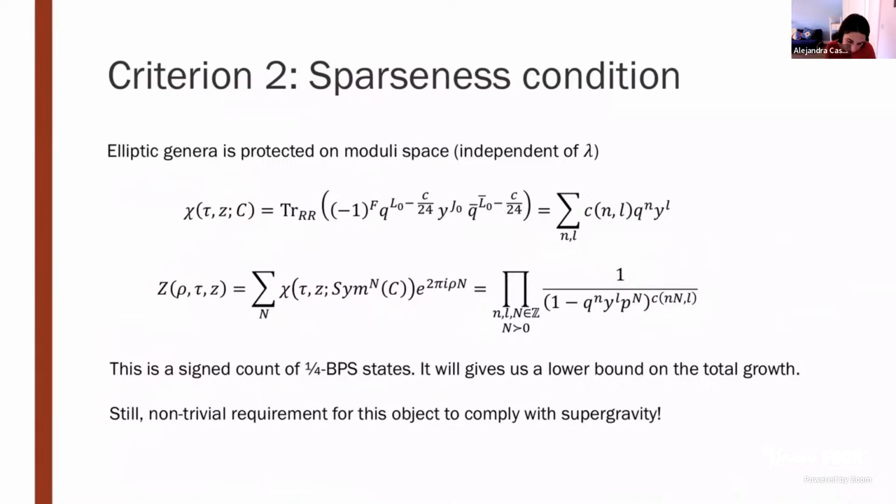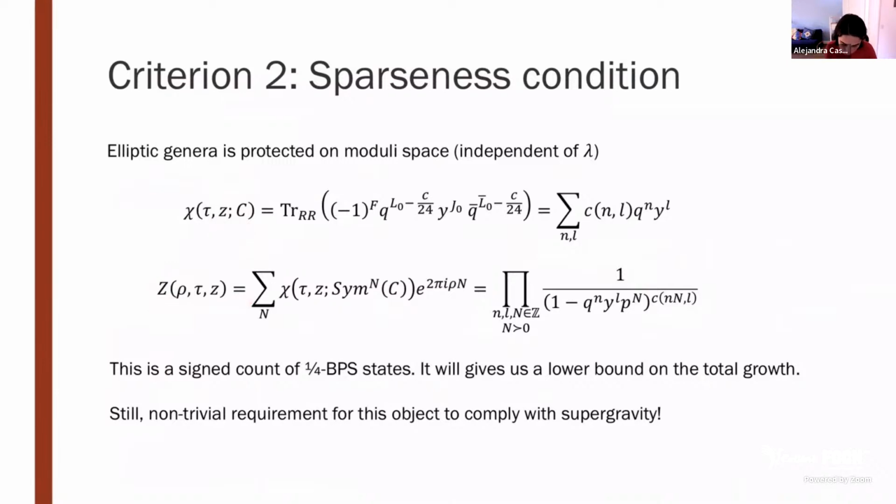But if this thing is lower than Hagedorn, then you will have some hope that the partition function will also follow suit. So it gives you an indication that there might be some lowering if you turn on lambda. But if this one doesn't comply, then there's nothing else to do. You can just move on.